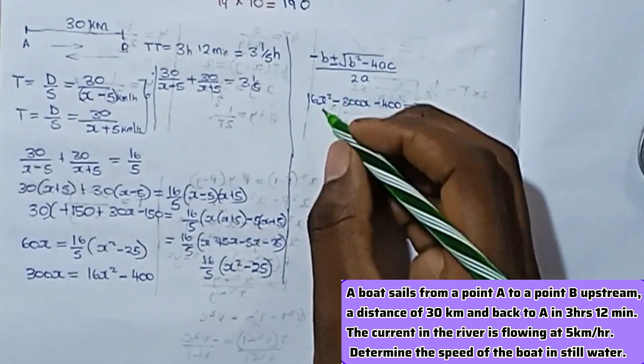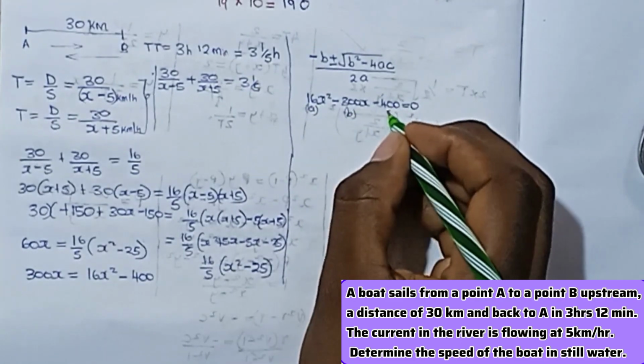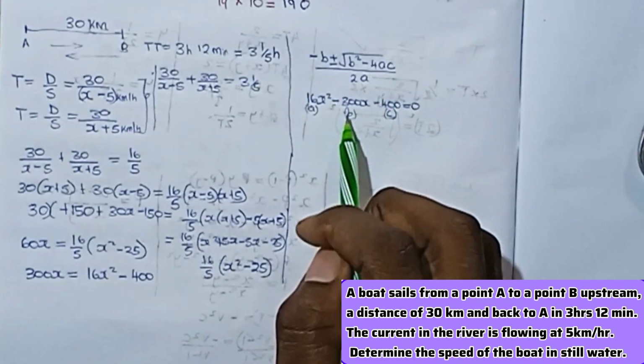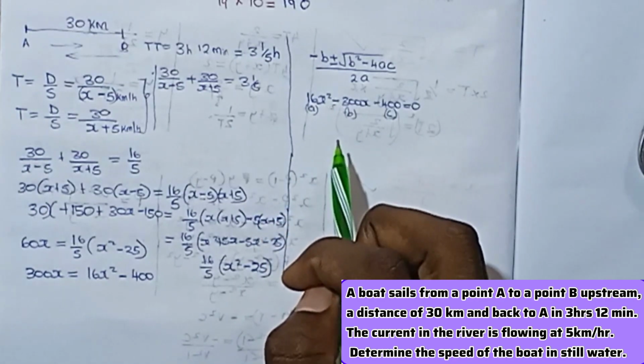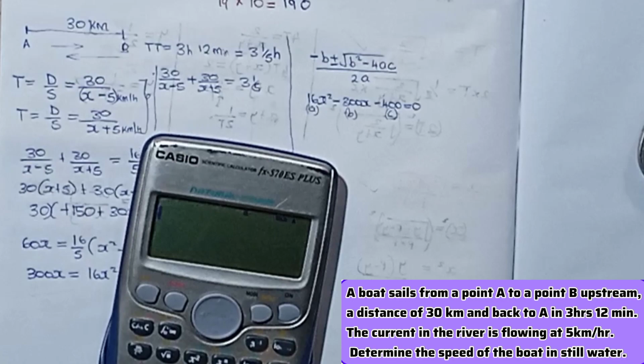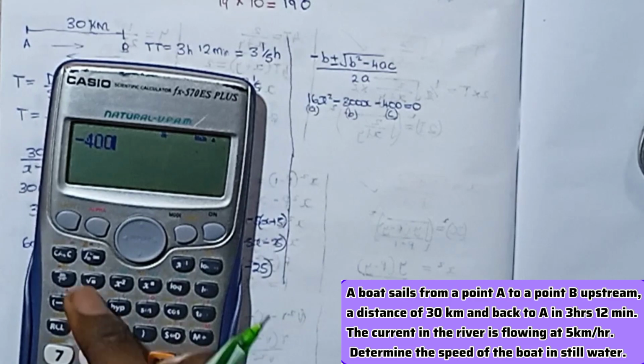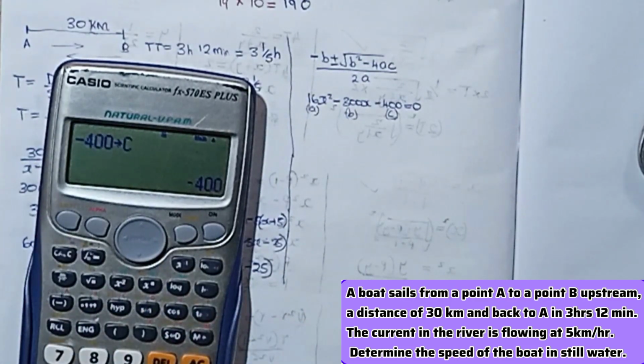So this is our a, this is our b, and this is c. We are going to use a calculator. We start by storing 16 in A, negative 300 as B, and negative 400 as C.